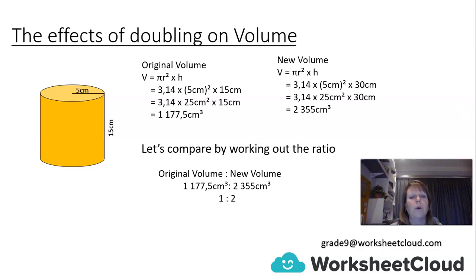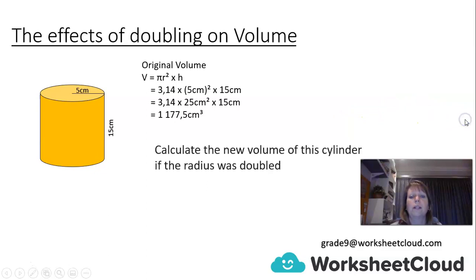And we end up with the fact that when we double one of the measurements, we double the volume. Can you see there? So 1177,5 doubled gives us 2355. So our ratio is 1:2, which means that our volume with our new measurements has doubled.